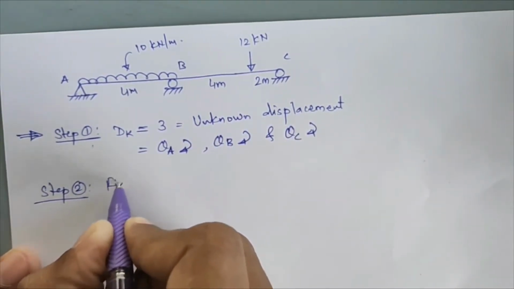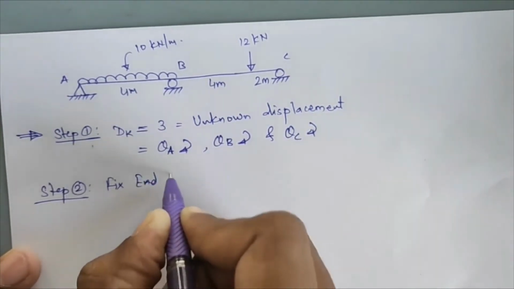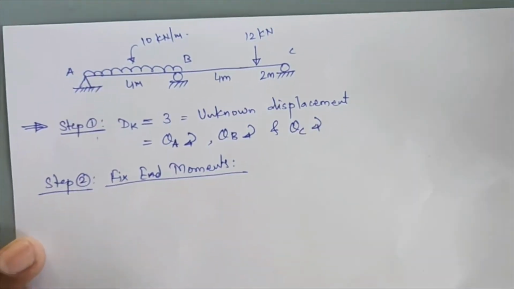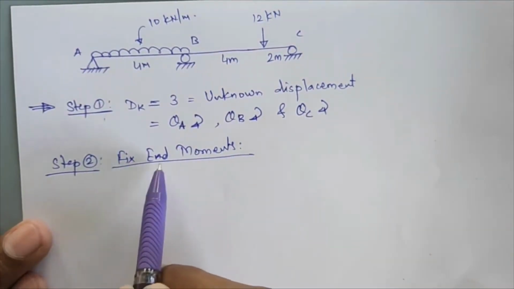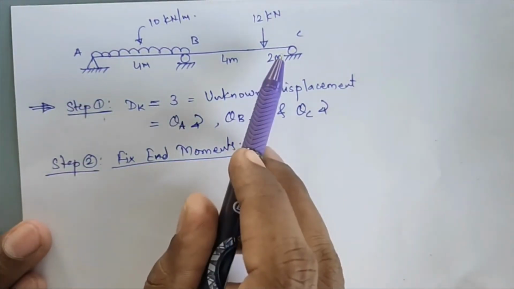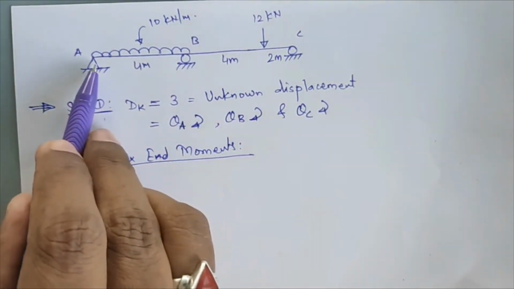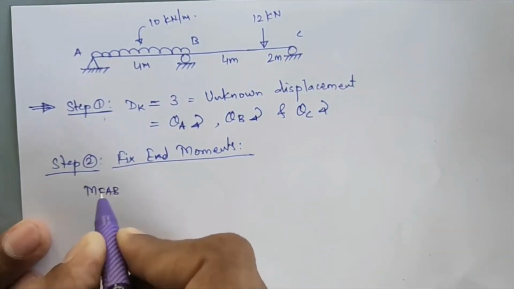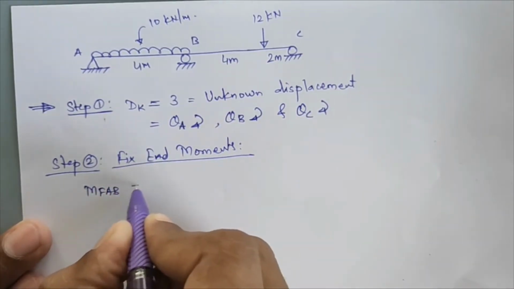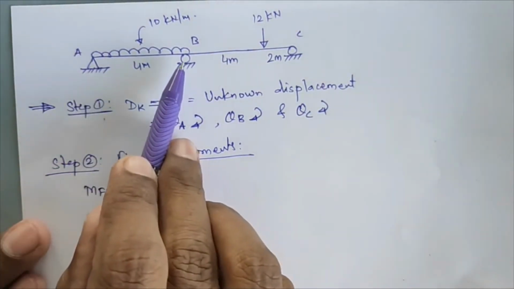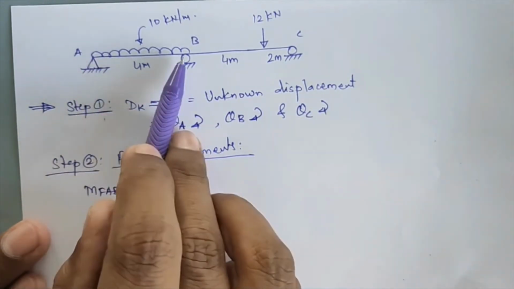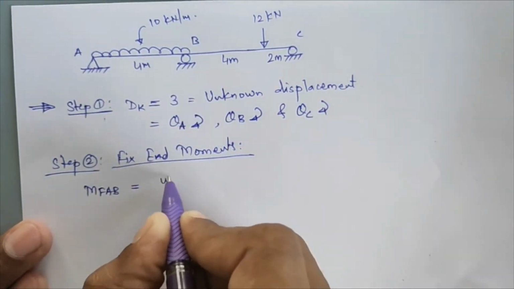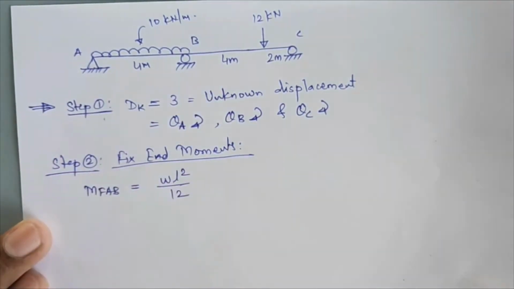Step number 2 is calculating fixed moments. While calculating fixed moments, we consider all joints as initially fixed. So the fixed moment for the first span AB is MFAB. Considering both joints as fixed and the span loaded with a uniformly distributed load throughout, the fixed moment is WL square divided by 12.